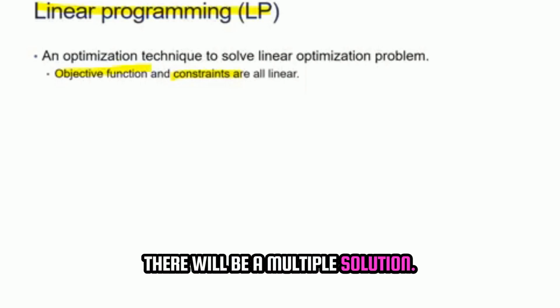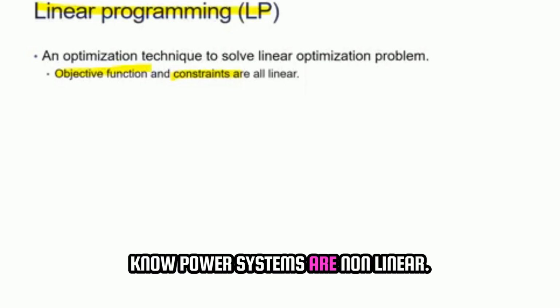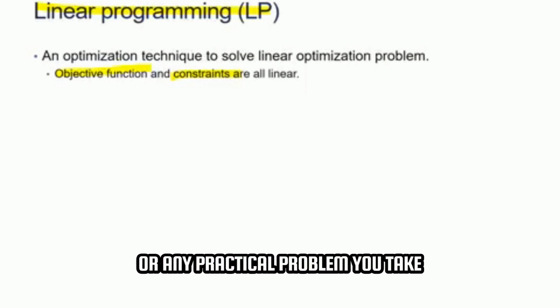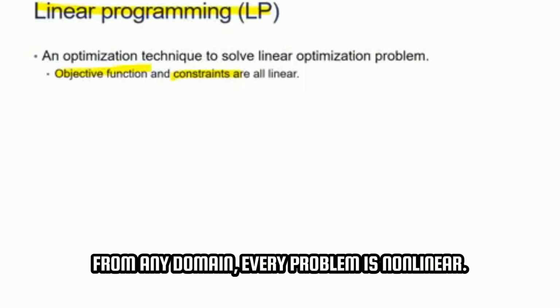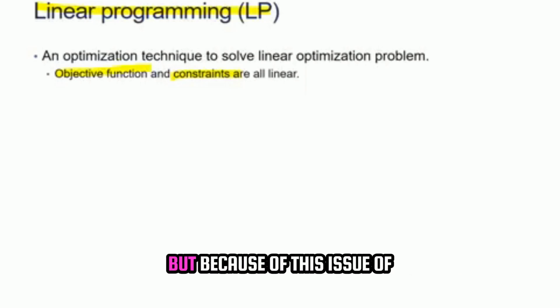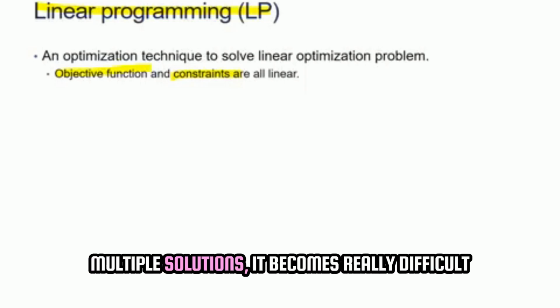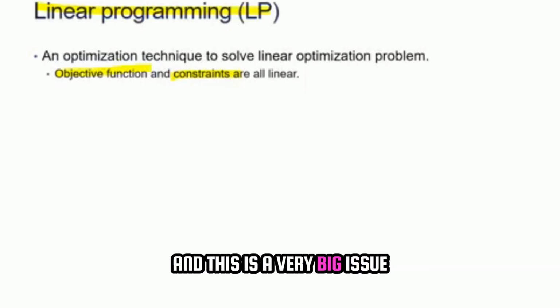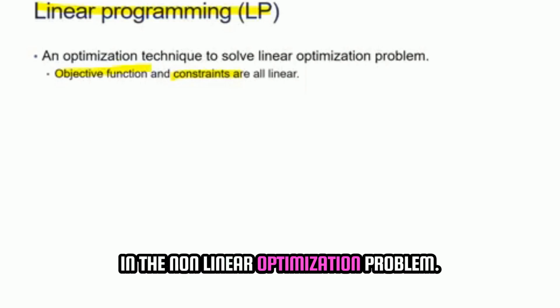There will be multiple solutions. So even today, even in power systems, although we know power systems are non-linear, and in general any optimization problem or any practical problem you take from any domain is non-linear, because of this issue of multiple solutions, it becomes really difficult to settle on a single solution. This is a very big issue in nonlinear optimization problems.